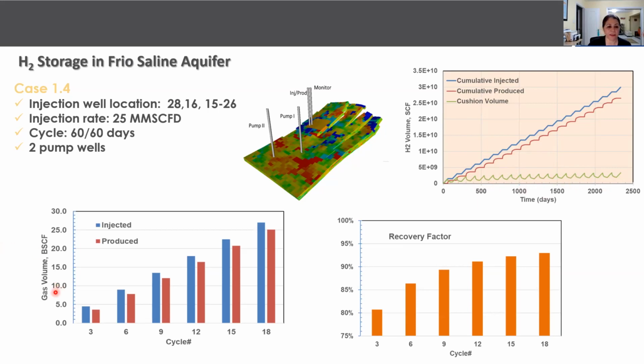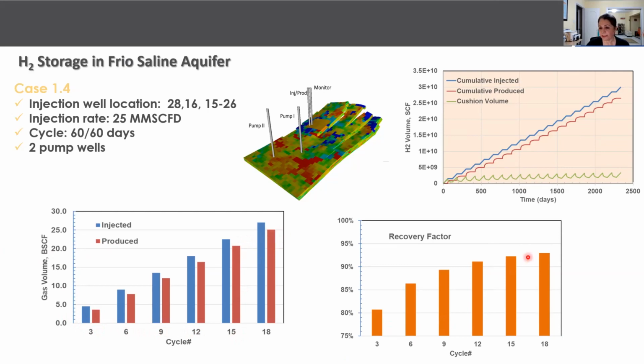If you look at the injected and produced hydrogen, initially with the initial cycles, this is the third cycle, it is pretty small because you just started to inject and fill up the formation and produce back. As you add more and more cycles, of course, you're going to have more production of hydrogen. So here is actually pretty good volume.